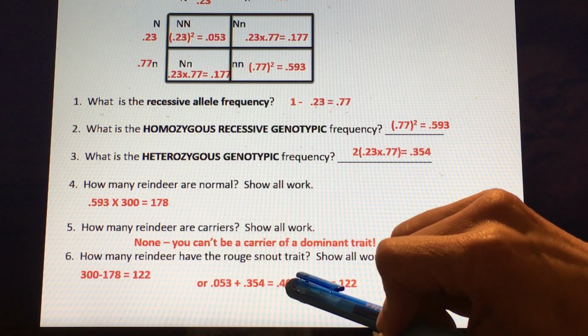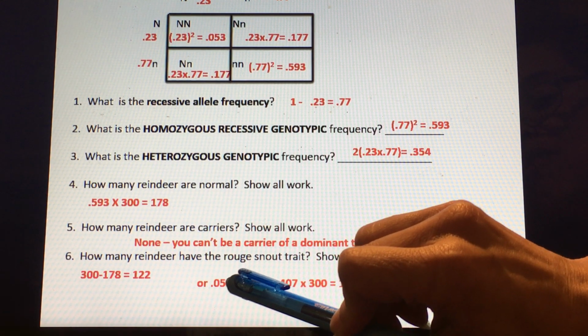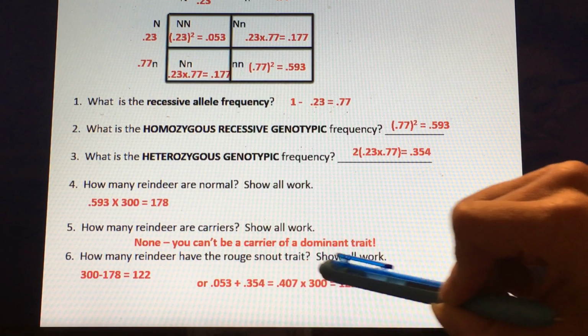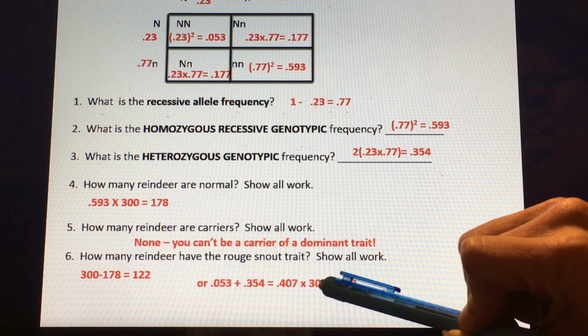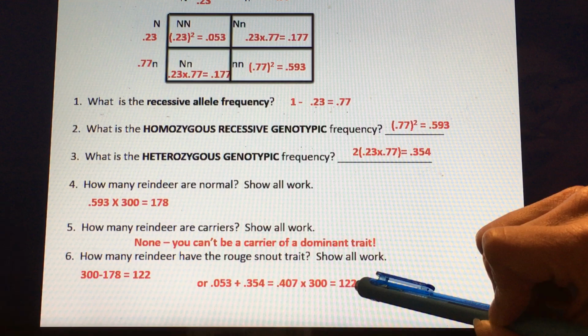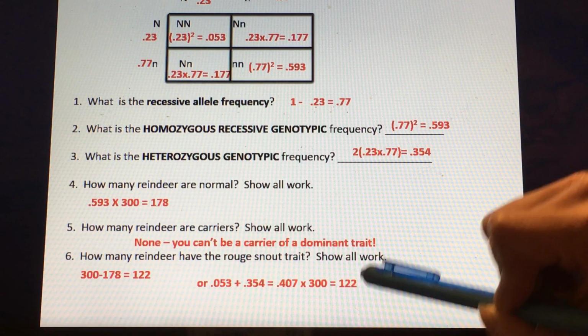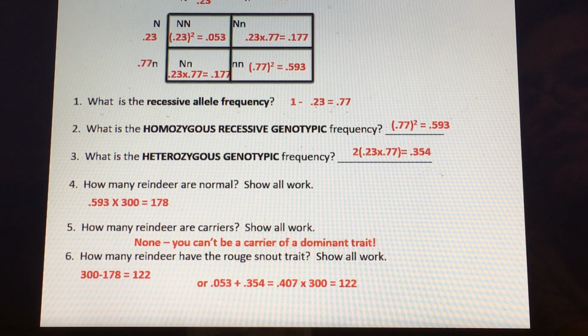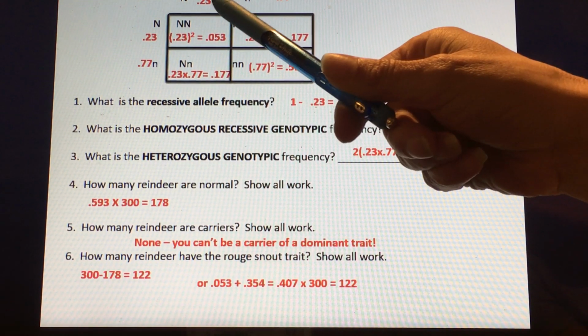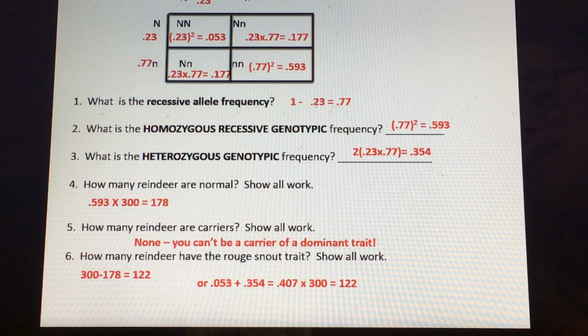If we take 0.053 plus 0.354, we get 0.407, times 300, which gives us 122. Be really careful, because the trickiest problem on your quiz is going to be a problem like this. And every year, students will take the dominant allele frequency and just take 0.23 times 300.